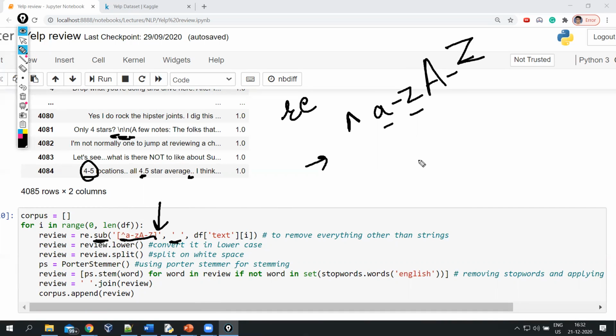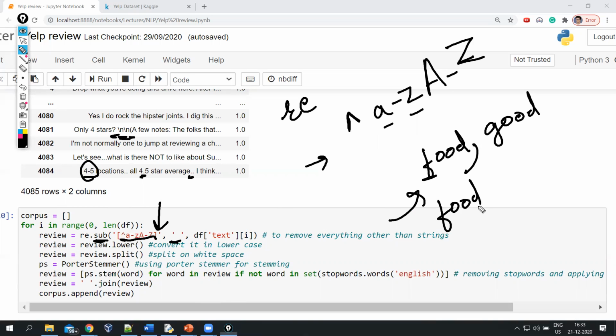For example, you have a review "food, good". It will go through it and check if it is starting with a small letter. Okay, it has a small letter, so it will keep this word, because it is analyzing each and every token. Food will be kept because it is in the range of small a to small z. Then it will check this comma.